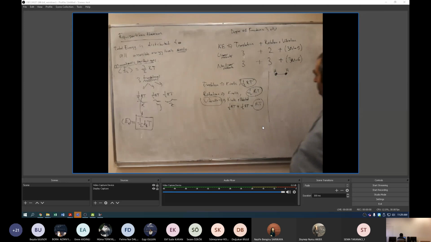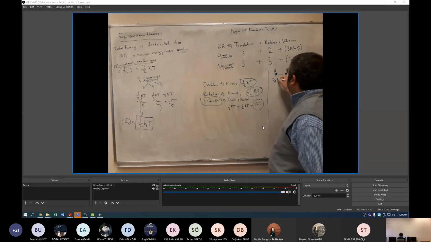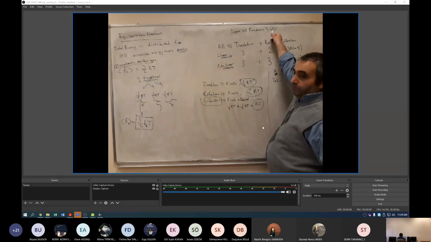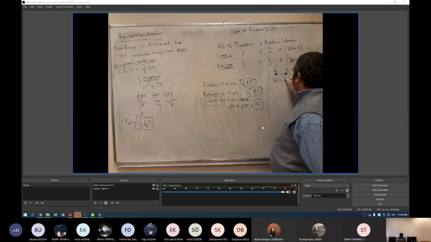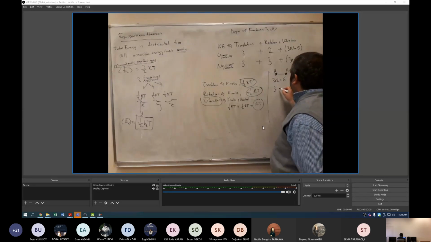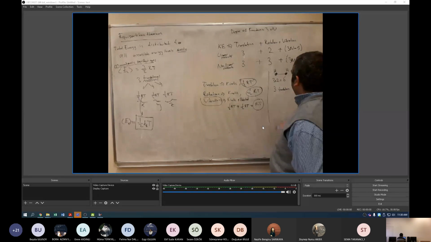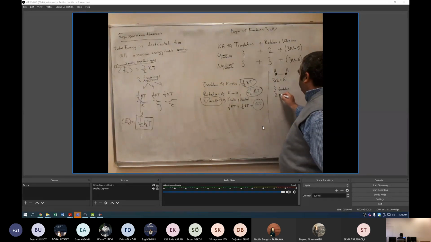For example, if I have a hydrogen molecule, okay? What is the degree of freedom of this molecule? 3 times 2, right? Do you remember? It makes 6. I know 3 of them are translation, 2 of them rotation, 1 of them vibration.